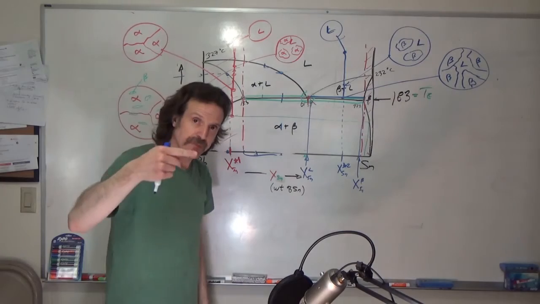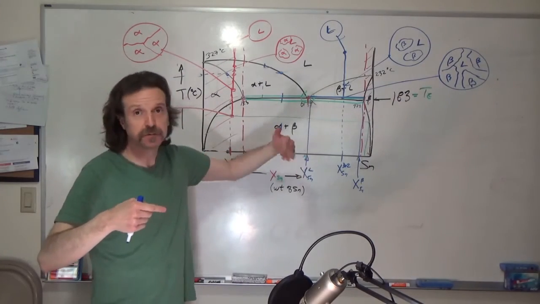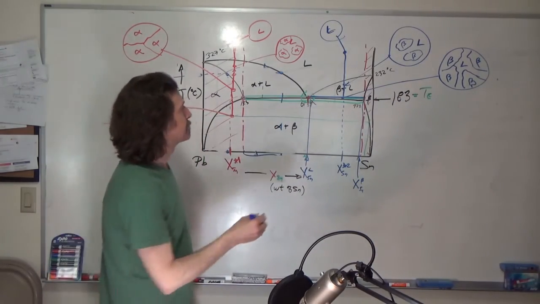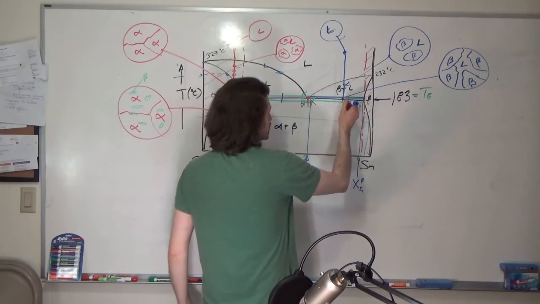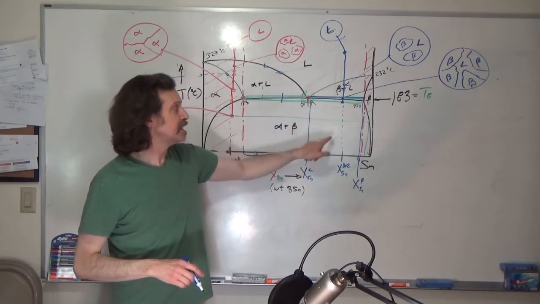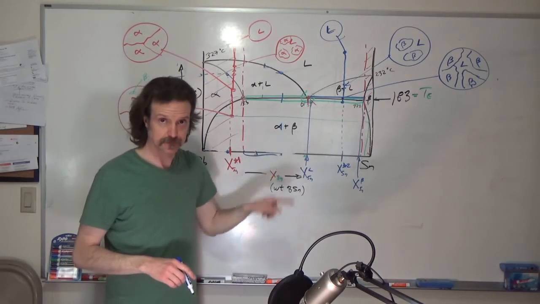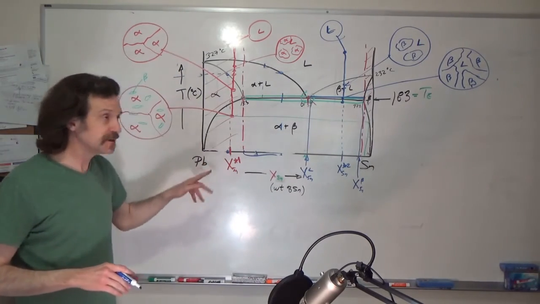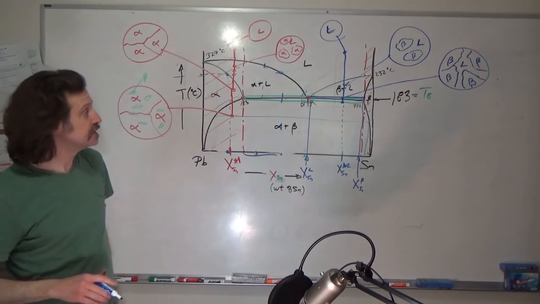Okay, now we cool down another 2 degrees and we drop just below the eutectic. So just below the eutectic temperature, we've transformed from beta plus liquid into alpha plus beta. And this is going to be a little bit different than what we had in the others.